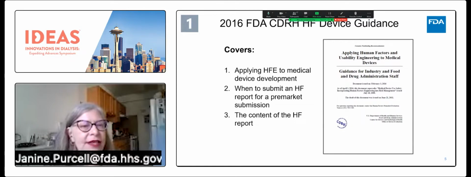It tells you when to use different techniques and elements of human factors engineering during your medical device development, and the specific things that the FDA looks for in your applying human factors engineering to device development for things you want to bring to the marketplace in the United States. And our guidance does differ. It's more specific than the human factors guidance through the IEC and ISO overseas.